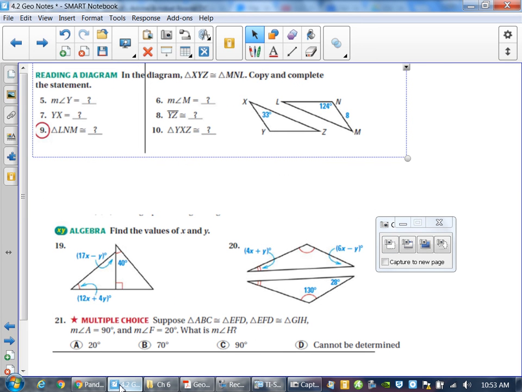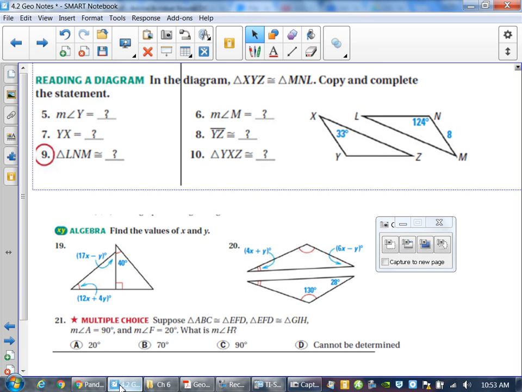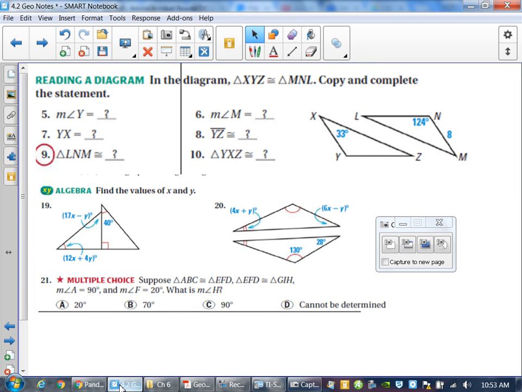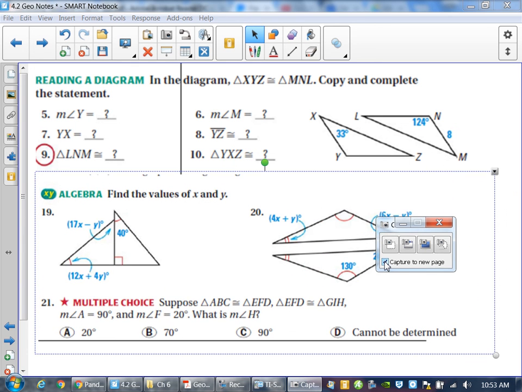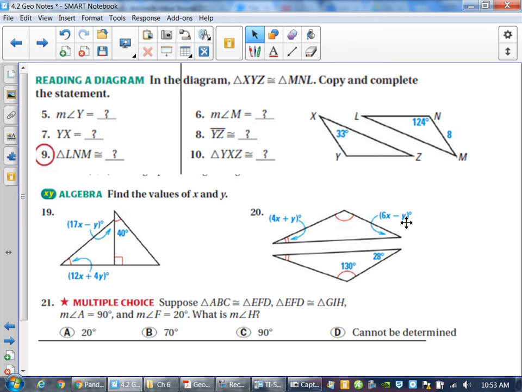Is this 4.2 or 4.3? 4.3 gets real nutty. So what I want you guys to do is this 228, 5 through 10, 19 through 21. Evens.